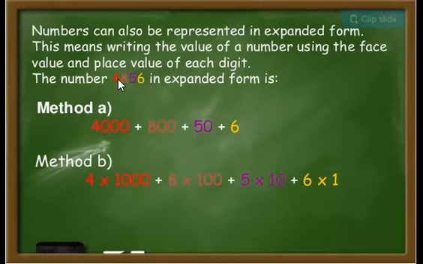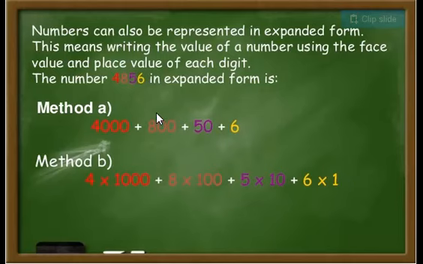Here we copied 4, then the multiplication symbol, then 1, and after 4 you can see 3 digits remain, so we have given 3 zeros. Same with 8: multiplication sign, then 1. After 8, 2 digits remain, that means 2 zeros. Same with 5, then we give 1, and after 5 only 1 digit remains, so we give 0. Then 6: after 6 we don't have any digits, so we simply give 1.